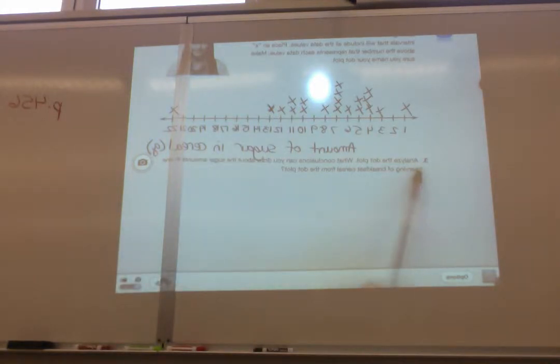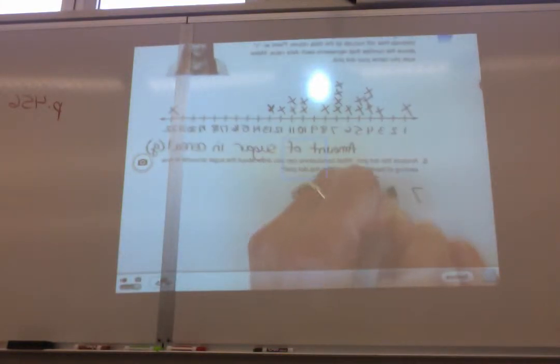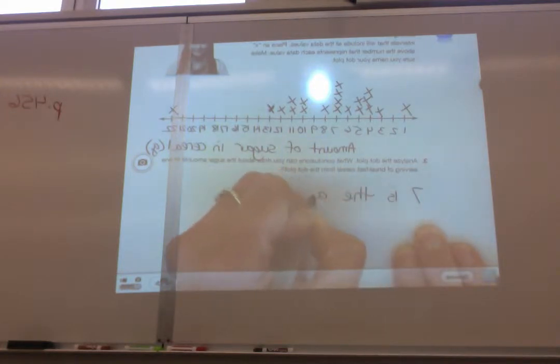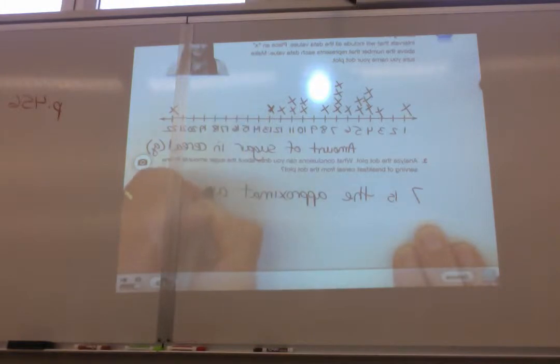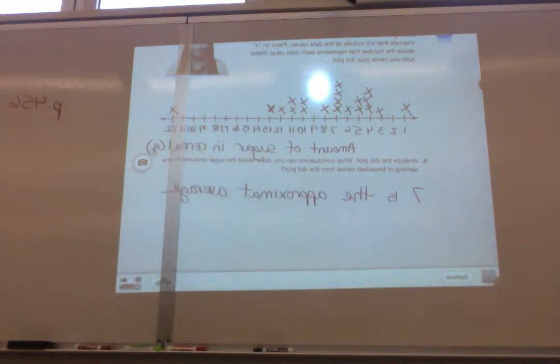Okay. Number 3, analyze the dot plot. What conclusions can you draw about the amount of sugars in one serving of breakfast cereal from the plot? So we've already answered that question, but we were just looking at a list with names. 7 is the approximate average. What else can we say now that we're looking at it lined up this way?